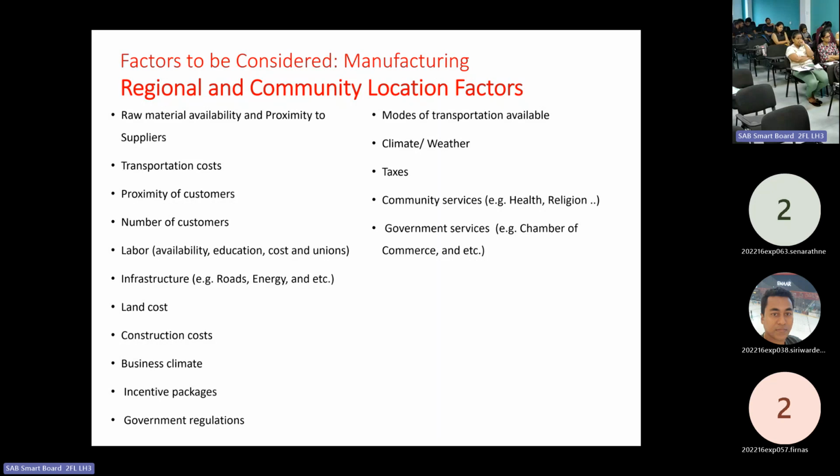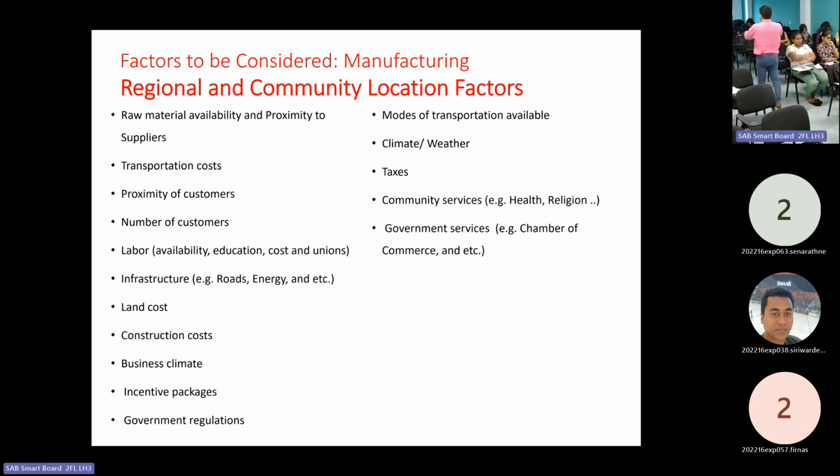Once they have decided on a region, within that region, when there are different countries or states, different countries are evaluated based on some other specific factors. We call them regional and community location factors, which may comprise certain factors like this. These are more industry specific, business specific.